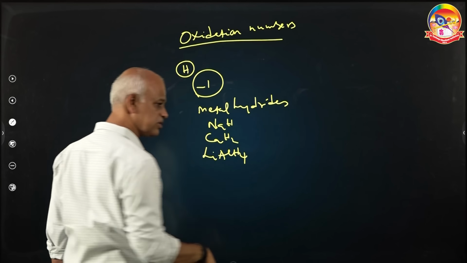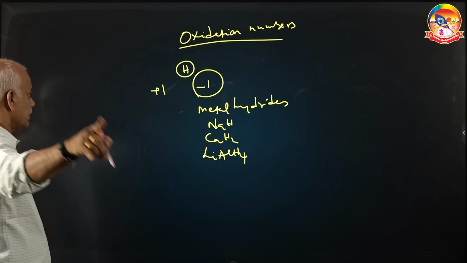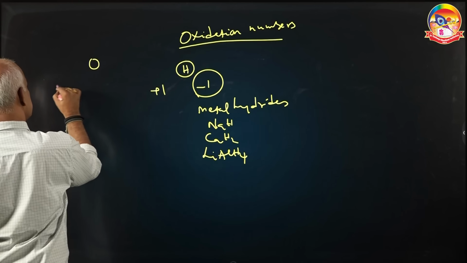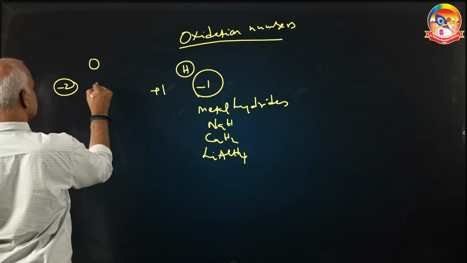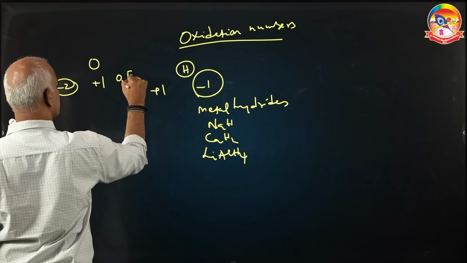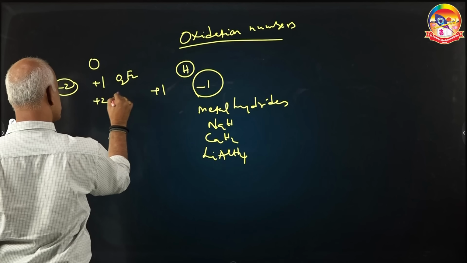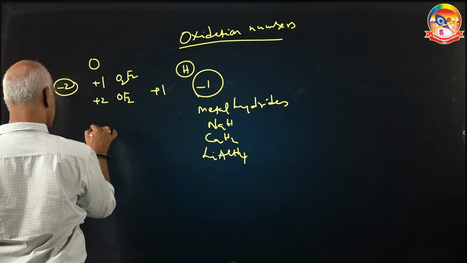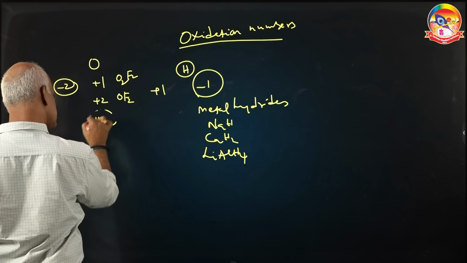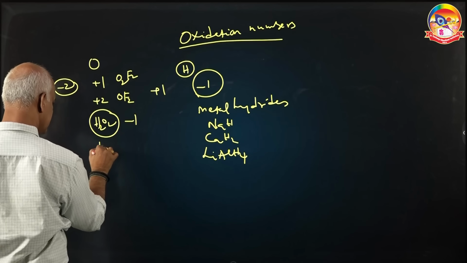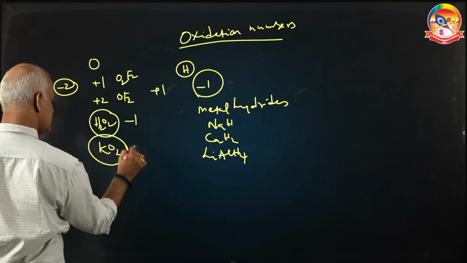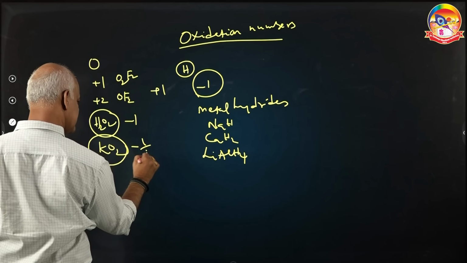This is about hydrogen. Oxygen, generally -2, +1 in O2F2, +2 in OF2. In hydrogen peroxide, it is -1. In potassium superoxide, it is -1/2.